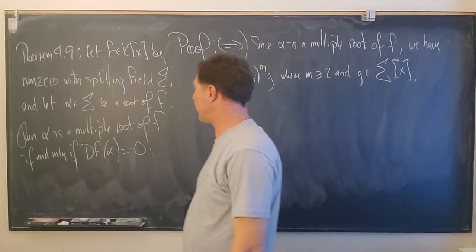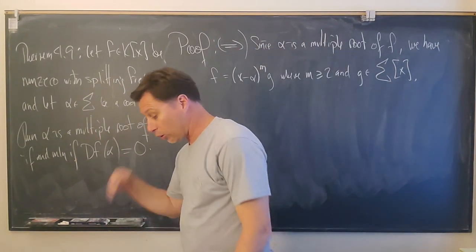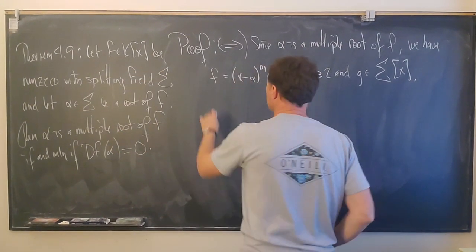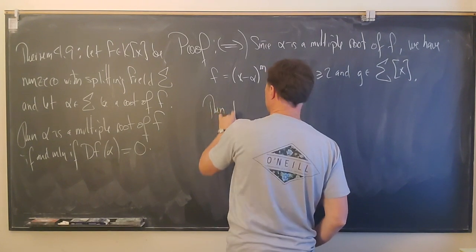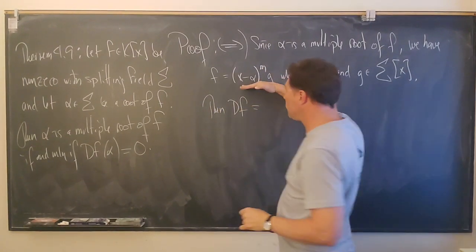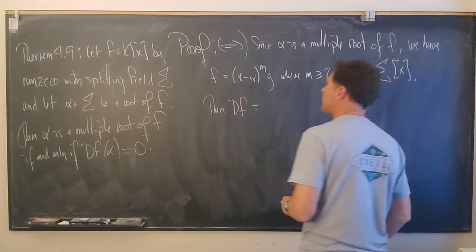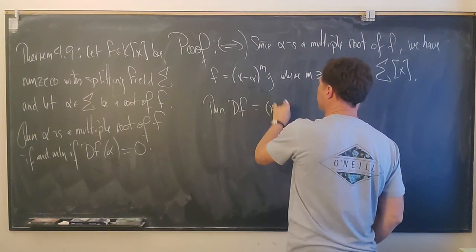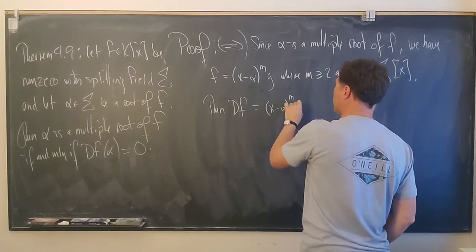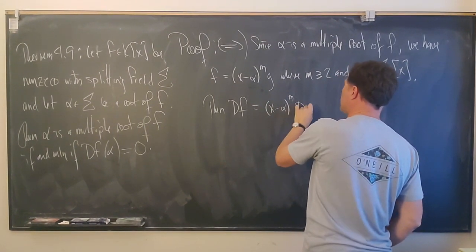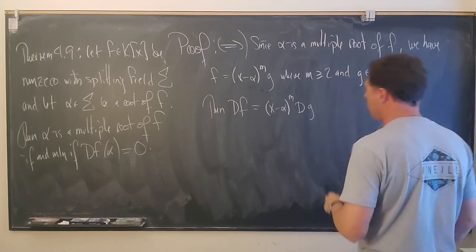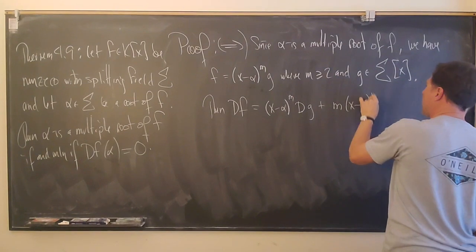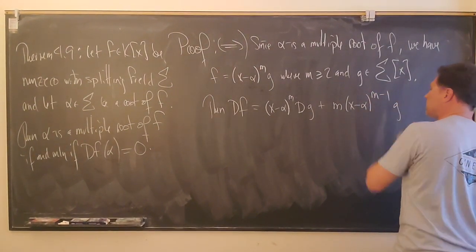Now, what's our goal? We need to show that the derivative of f evaluated at alpha is equal to 0. So let's compute the derivative. The derivative of f is equal to (x minus alpha) to the m times the derivative of g, plus m times (x minus alpha) to the m minus 1 times g.